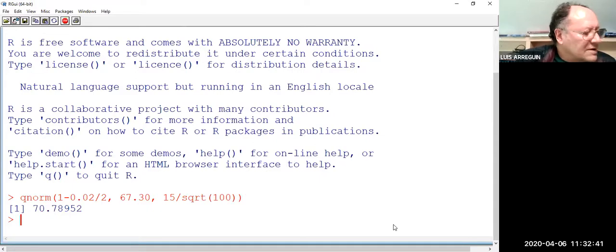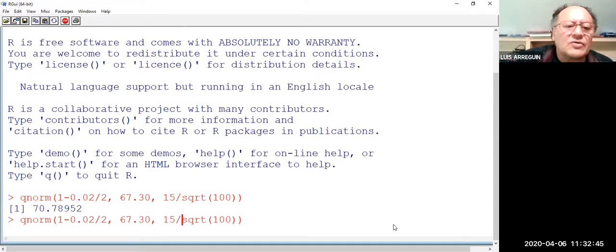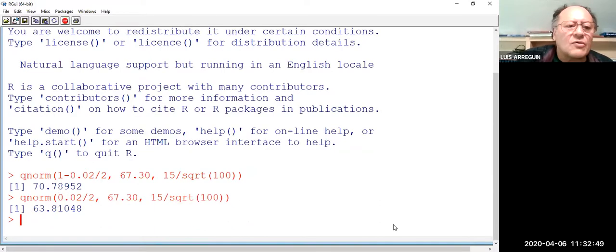This is going to be 70.78. I'm going to use this one. I'm just going to remove the 1 minus, and that gives me the lower limit. So I have 63.81048 for the lower limit and 70.78 for the upper limit. Let me write that back on my notes.